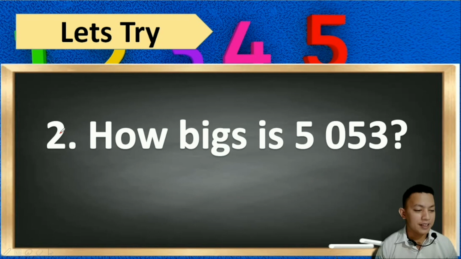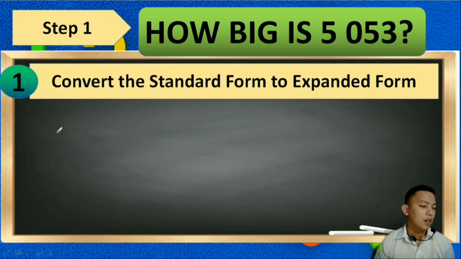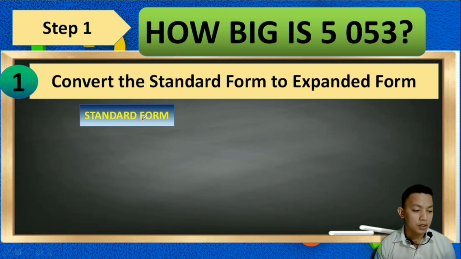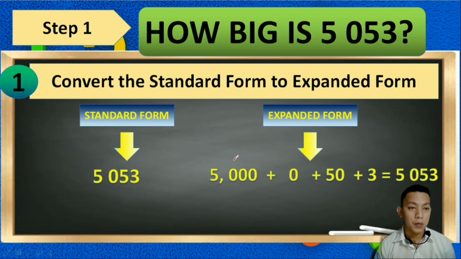Let's try example number 2. How big is 5,053? Step number 1. Convert the standard form to expanded form. Standard form is 5,053. Expanded form, 5,000 plus 0 plus 50 plus 3 is equal to 5,053.